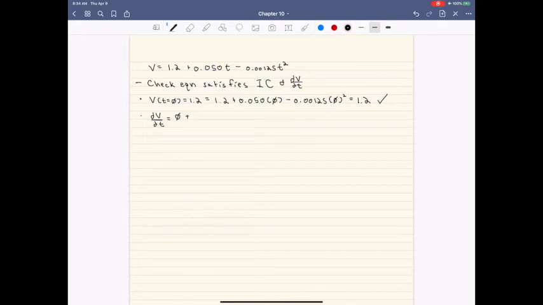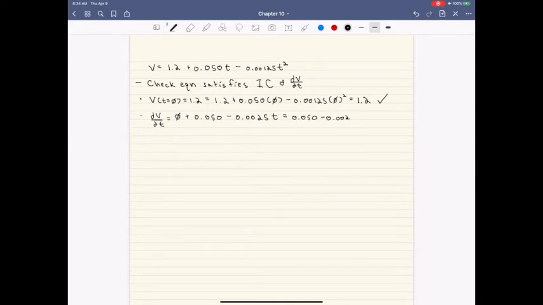The derivative of the second term, 0.050t, just gives us back 0.05. And then for the derivative of the third term, we bring down the 2 and multiply it by the coefficient. So we get 0.025t.